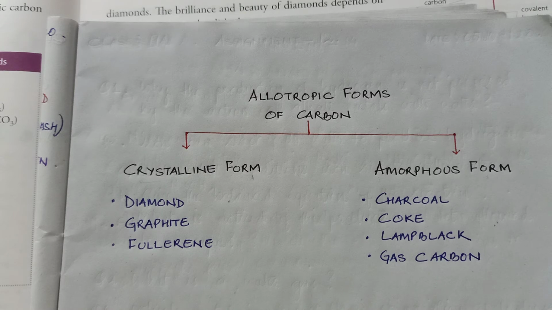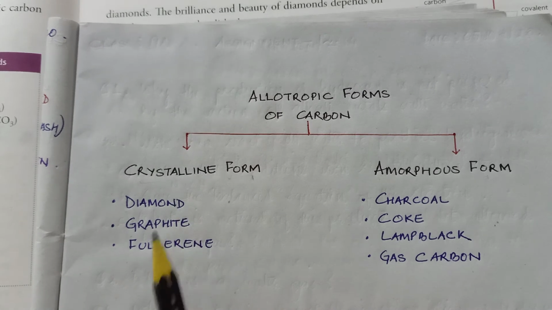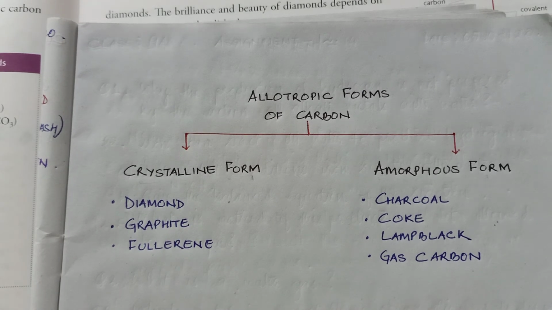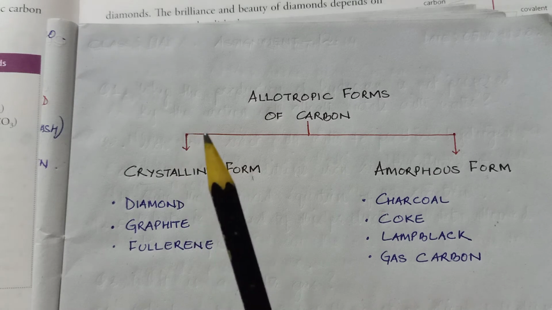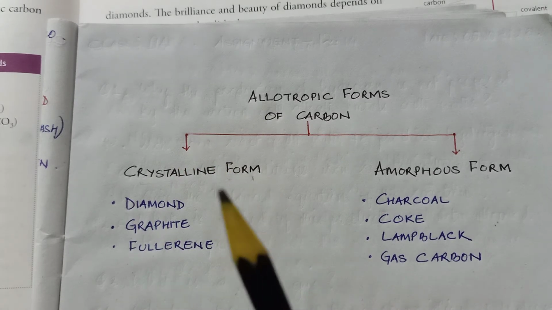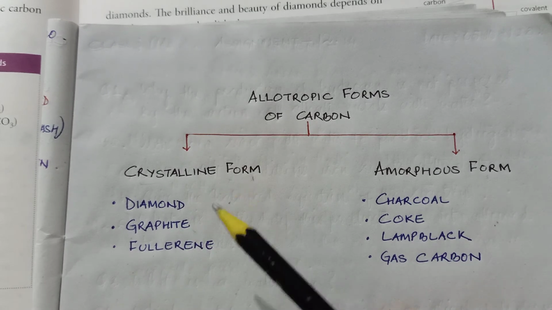So if carbon exists in a regular shape, then that particular form is known as crystalline form. For example, diamond has a regular, definite shape. That's why we find diamonds in crystal form. Graphite, this pencil lead, also has a definite regular shape. That's why graphite is also crystalline form.